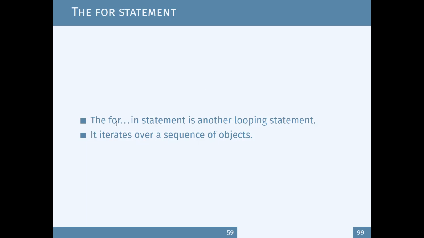So the for in statement is another looping statement, and we can use it for various tasks we will see in future sessions. For the time being, we can say it can iterate over a sequence of objects. So for example, it can iterate through the elements in a string, like characters, or in a list, and so on.